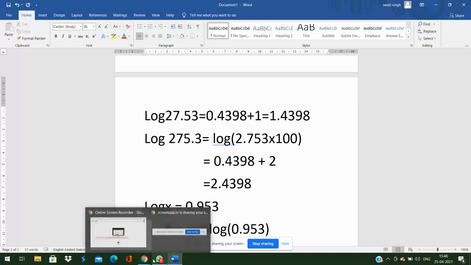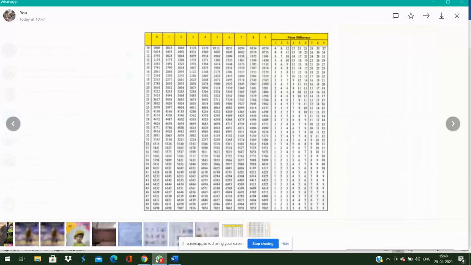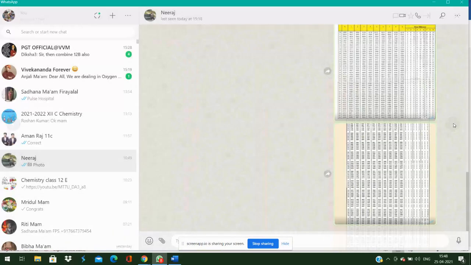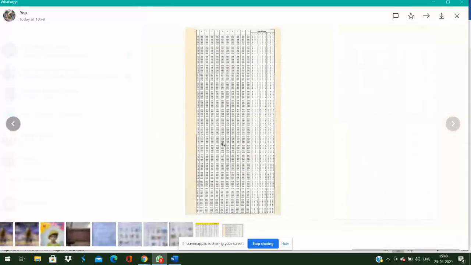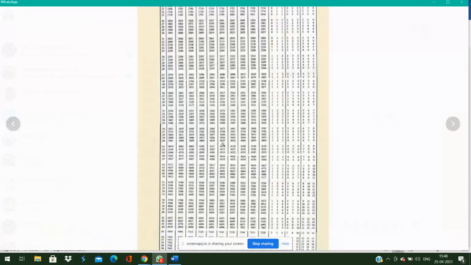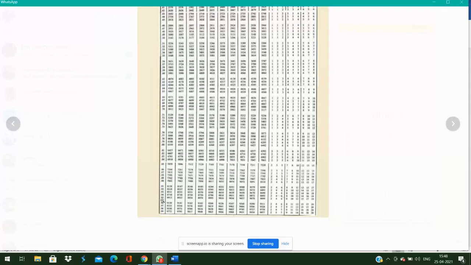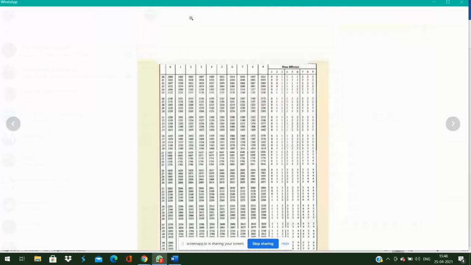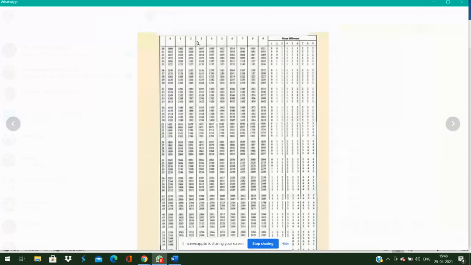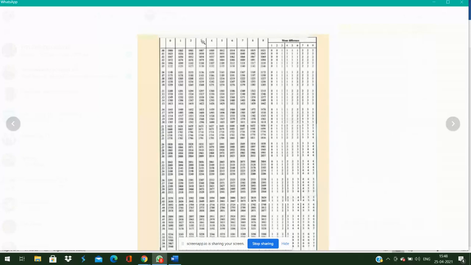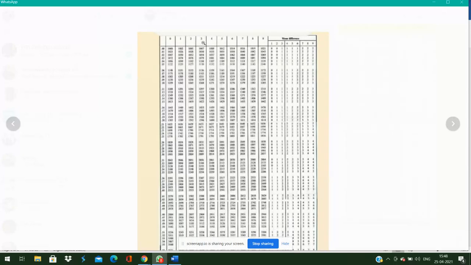Now we are going to find its answer. So just move towards the antilog table. 953 is there. Just look at here. 95, and here also it has been given 3. Horizontally we observe the third digit.